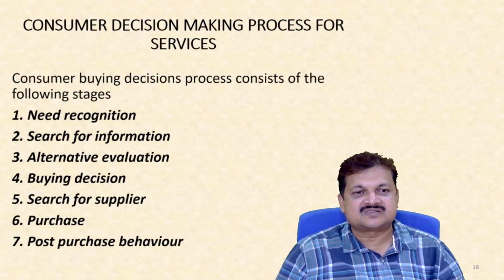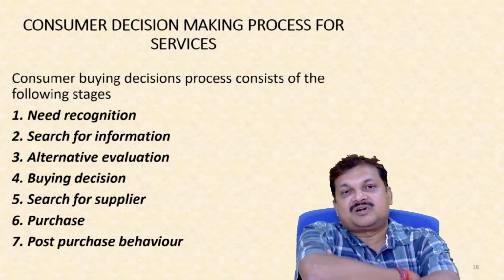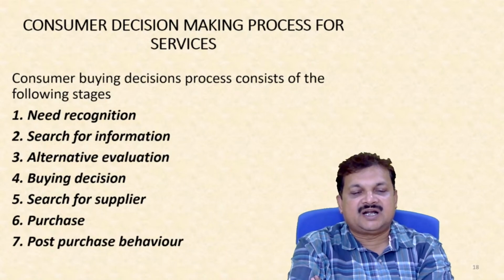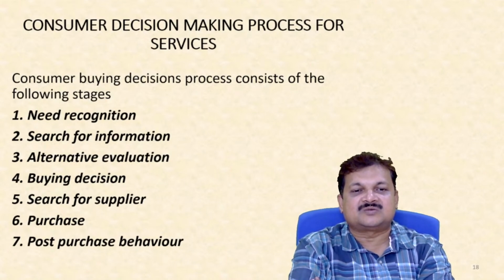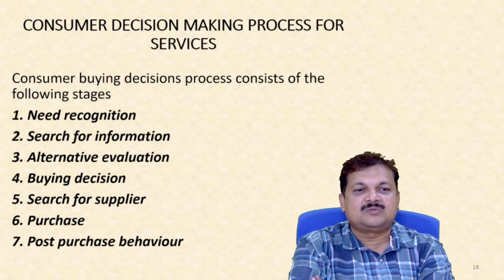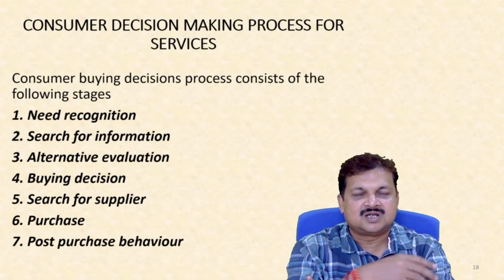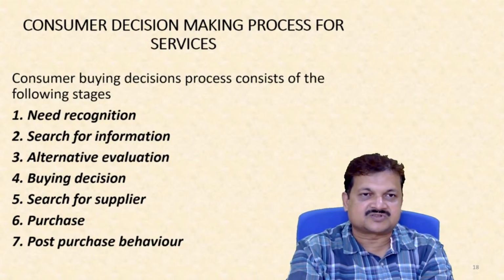Here buying decisions is the new one, the search for the suppliers. Here the client service provider is important because it's not like delivering a product. And purchase, and post purchase behavior. So only two points, 4 and 5, are being included in the case of services, which are not present in the consumer decision making process for products.